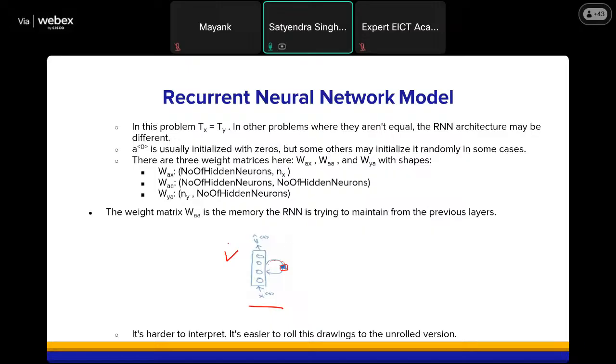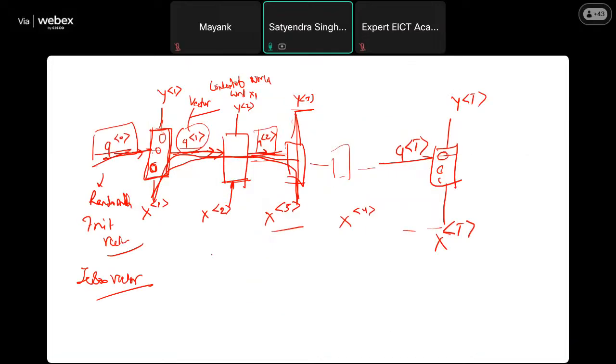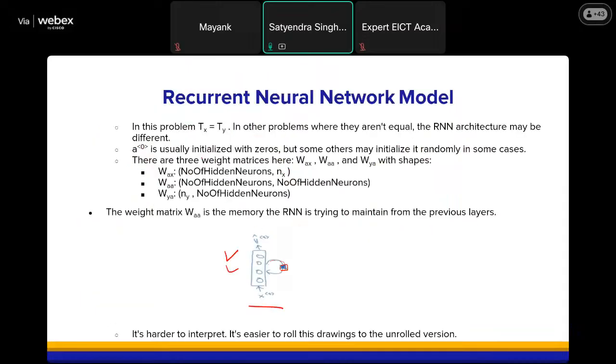In the next layer, the context from the previous layer is given. So you can see this is a rolled version, and this is the unrolled version. If you expand this, basically this is represented by this.